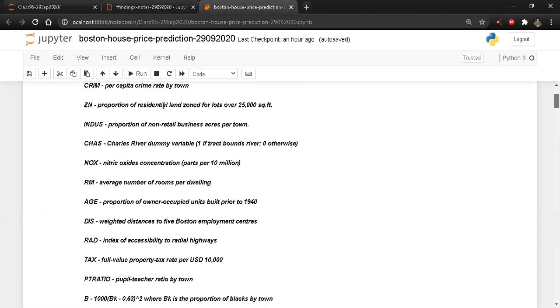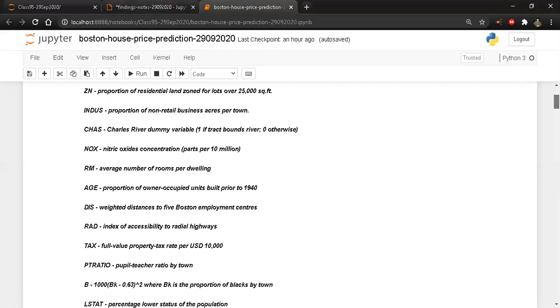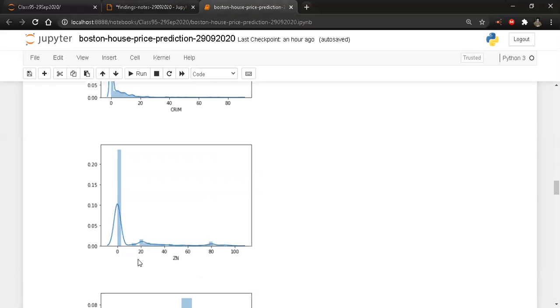ZN is proportion of residential land zoned for lots over 25,000 square feet. Proportion of residential land, if it is having more lower values, then the proportion is less, right? So the occurrence of higher proportions is less than the occurrence of lower proportions.